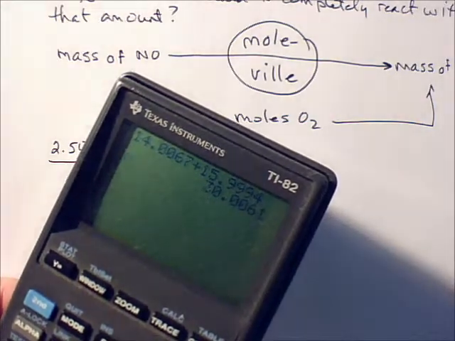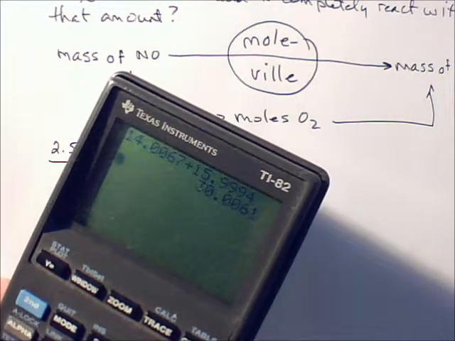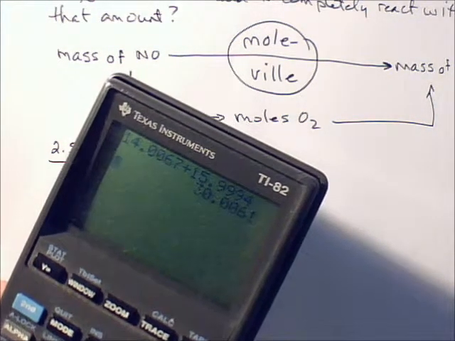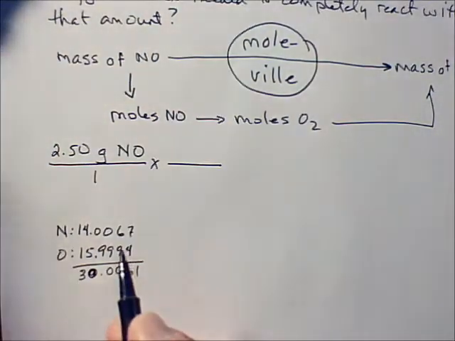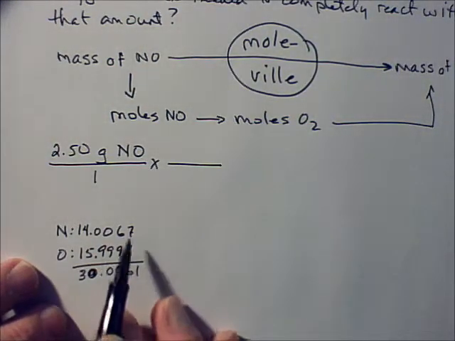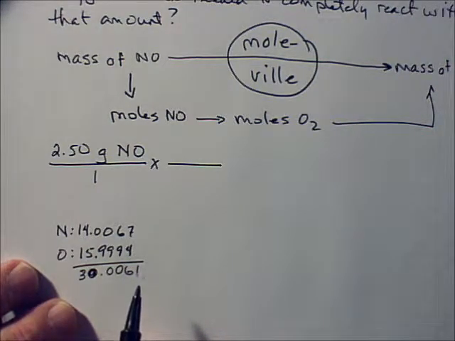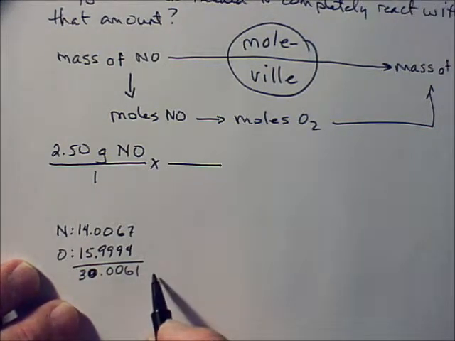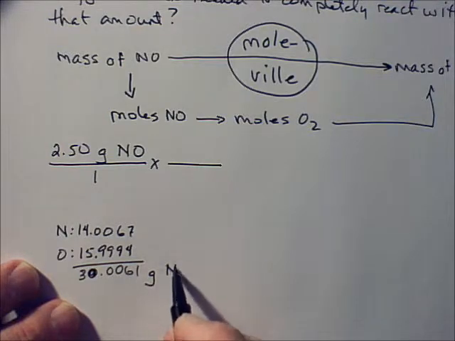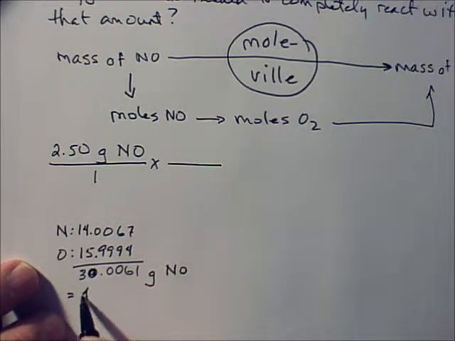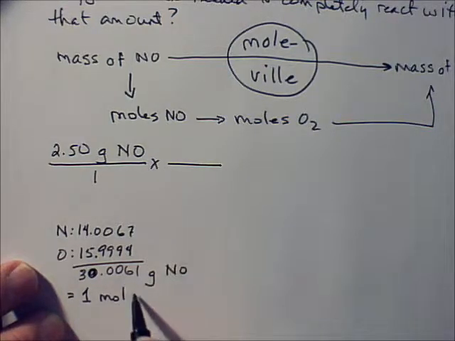Okay. Now there's no empty slots to the right over here, so there's no rounding off that we have to do. So this then is the grams of NO, and that equals 1 mole of NO.